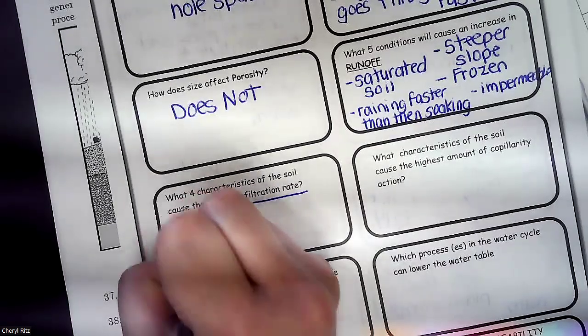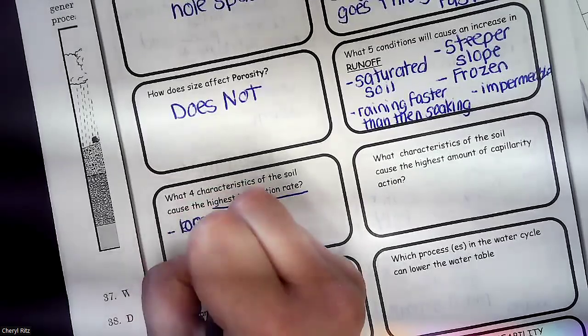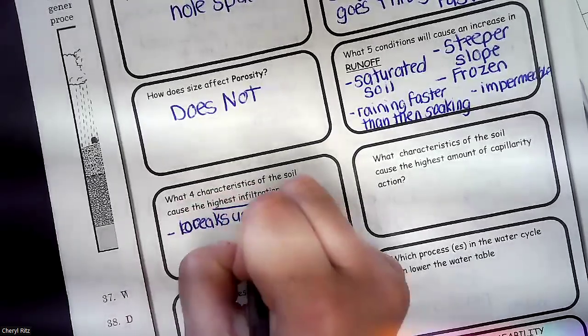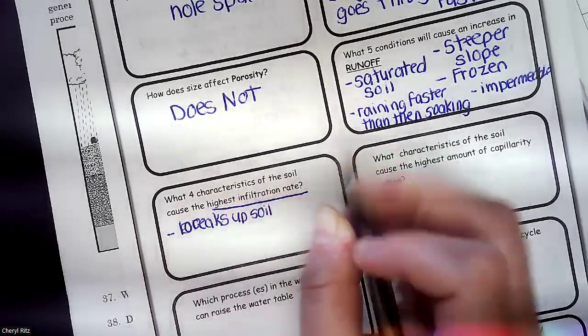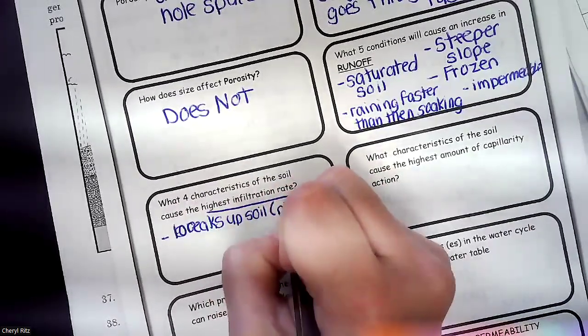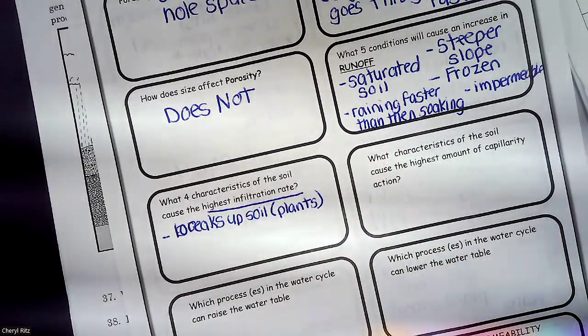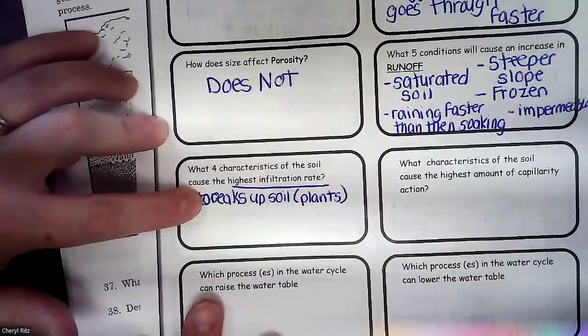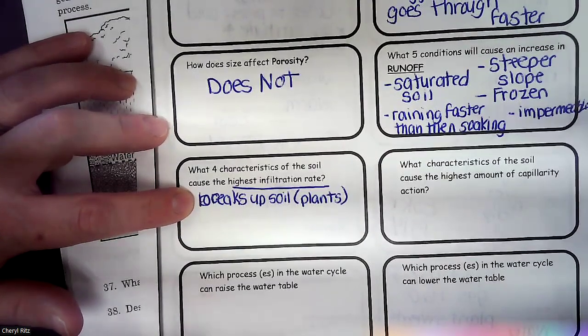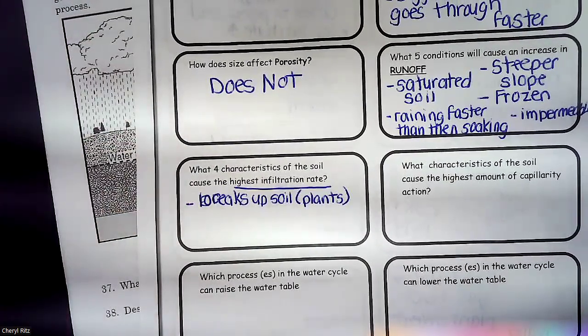That breaks up soil. Yes. I guess we should have gone with loosely packed soil. And yeah, plants will do this. What's another thing that will cause water to soak in faster? So that should say loosely packed soil. I like that better.